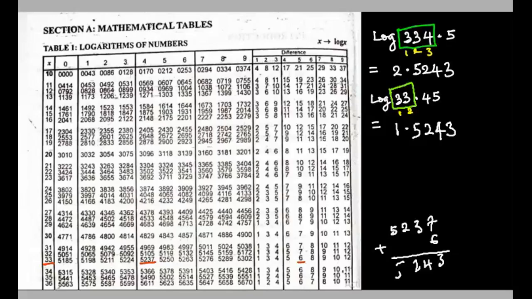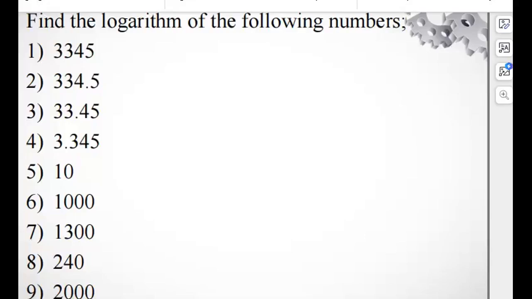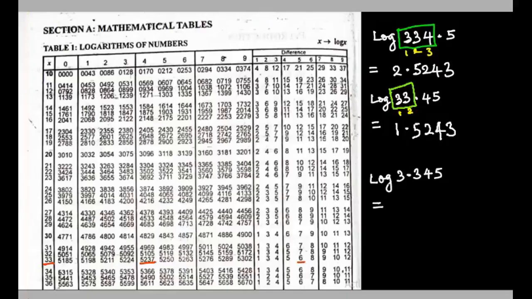So let's look at the next question. Now we are on the fourth question. The fourth question says find the logarithm of 3.345. This also is a decimal number, and as we know, to get our characteristics, we must focus on the whole number part.